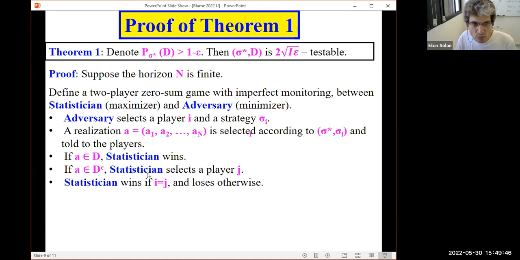Essentially, what we would like to show is that the value of this game is high, close to 1. That this game has a value and it is close to 1. That's our goal. And if we do that, then we prove the result.